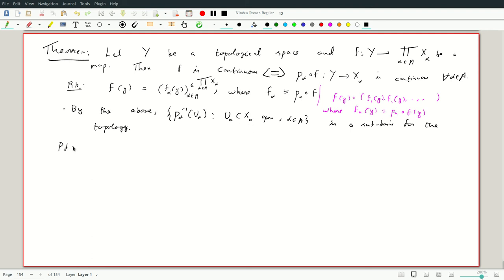And so now the proof is kind of clear, which is that if F is continuous, as P alpha is continuous, you have a composition.